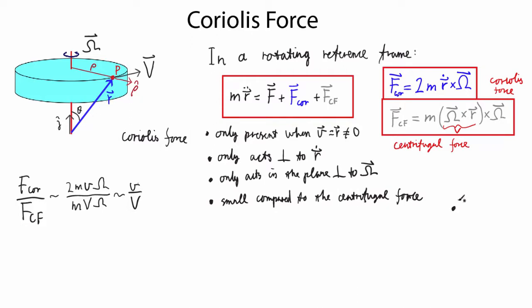And this perpendicularity means that if we are moving in this direction here, then the Coriolis force is going to be perpendicular to the velocity. Now, to understand physically where the Coriolis force comes from, you really need to make a demonstration.